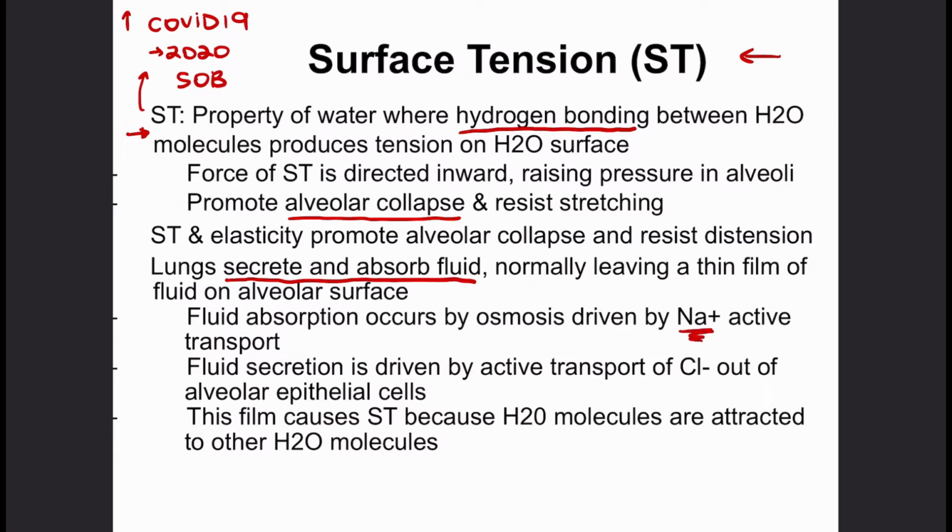Fluid secretion is driven by active transport of chloride out of alveolar epithelial cells. And the film causes surface tension because the water molecules want to bind to other water molecules via hydrogen bonding, just like belly flopping in a pool.